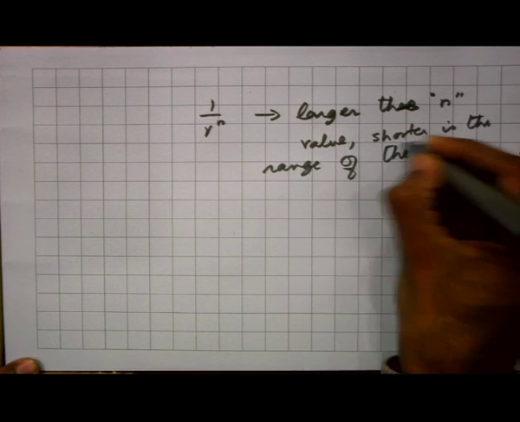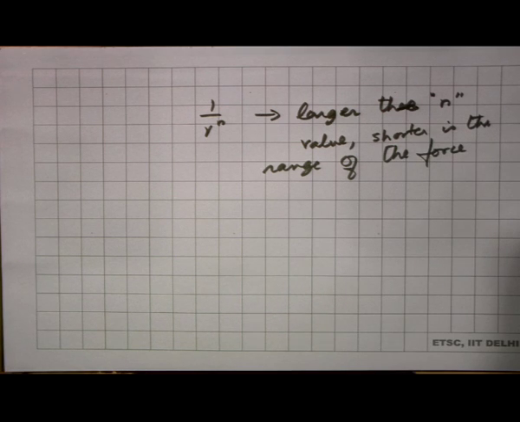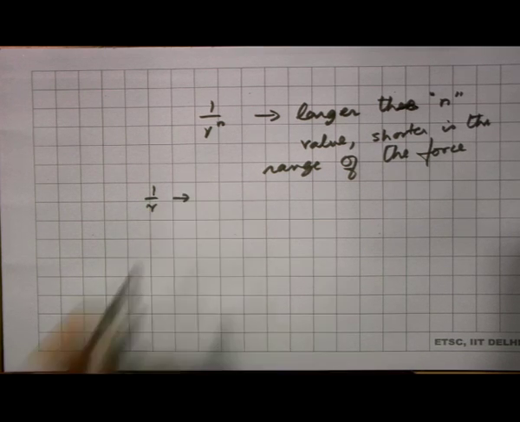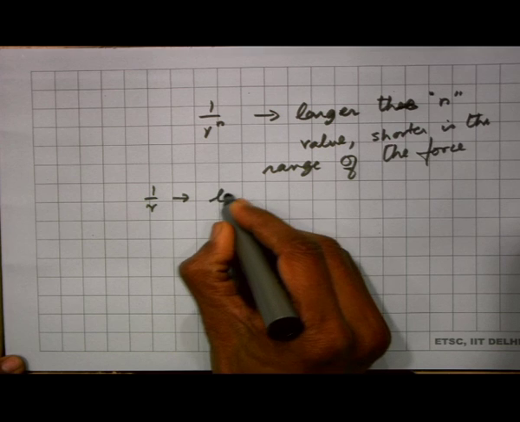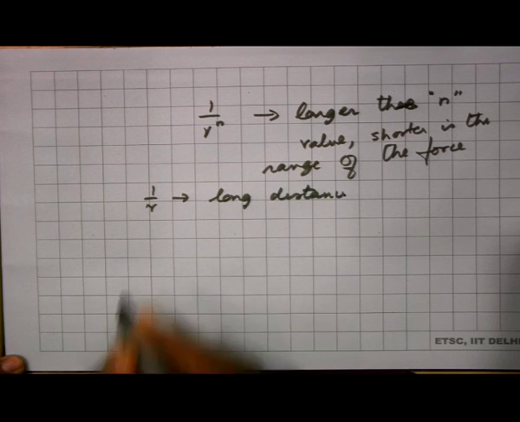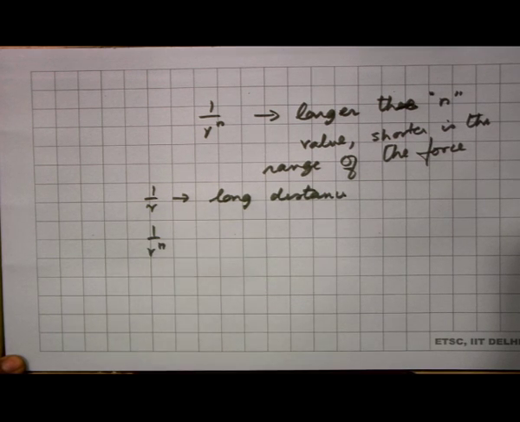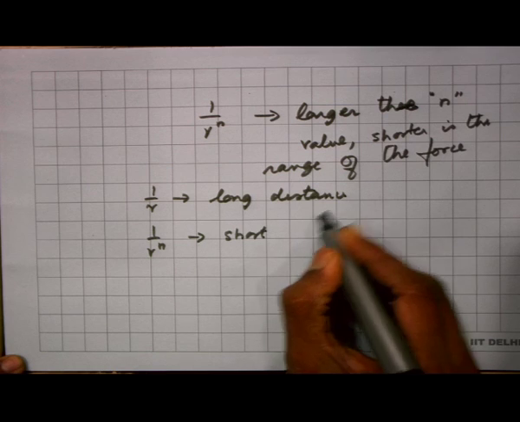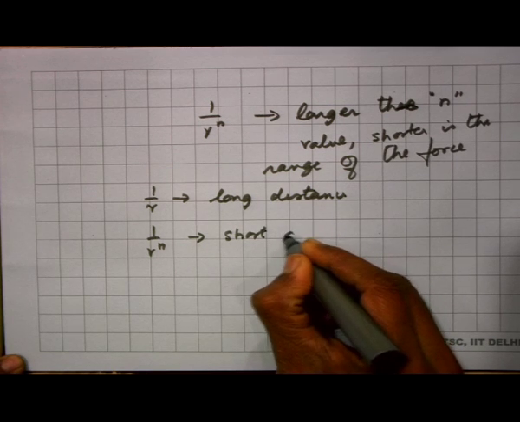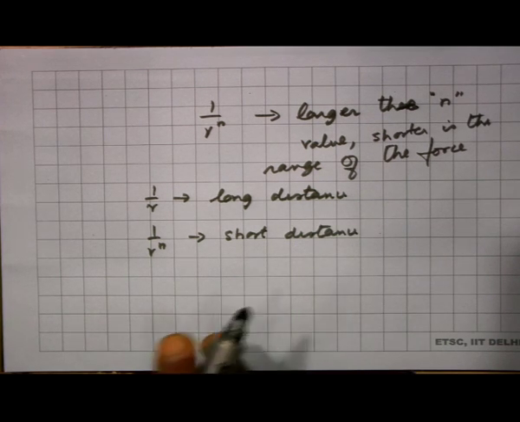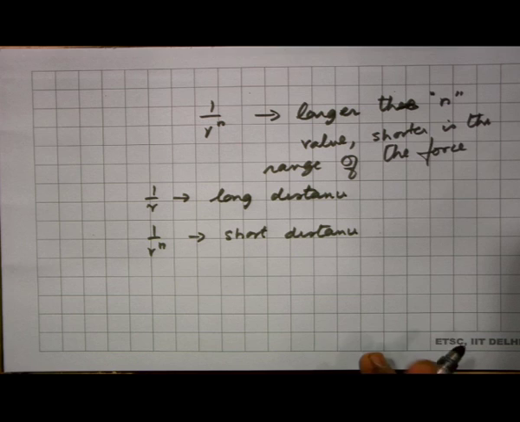In other words, the electrostatic 1 over r acts at long distances and 1 over r to the n, where n is 2 or greater, acts at short distances. So, this is sometimes called the short range forces. And it turns out that e to the minus k r would be the shortest range, but that is not something that we will have to worry about.